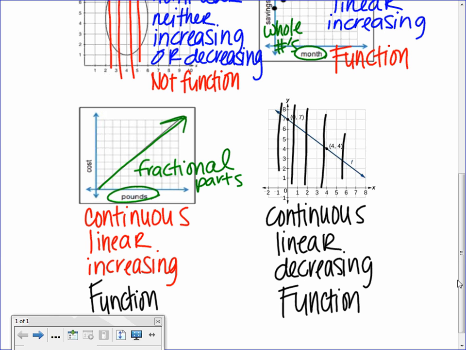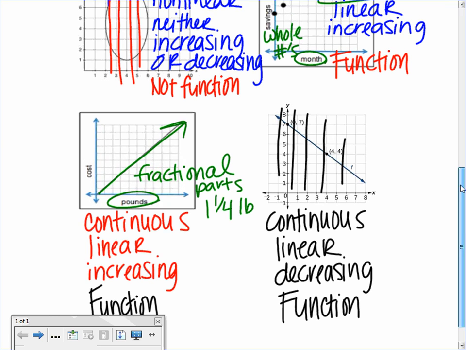It's not always 1 pound, 2 pounds. I could have 1.25 pounds. That's weighed at the store to get me my cost. So that's another thing that you need to start thinking about moving forward: why are they connected? Why are they not connected? Especially when they give you some labels, you should be able to determine that.